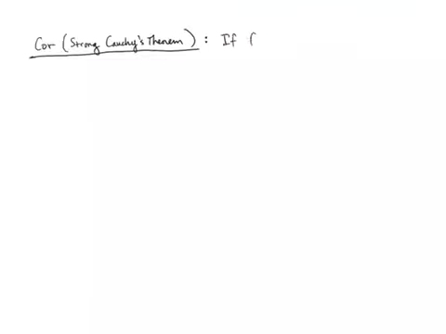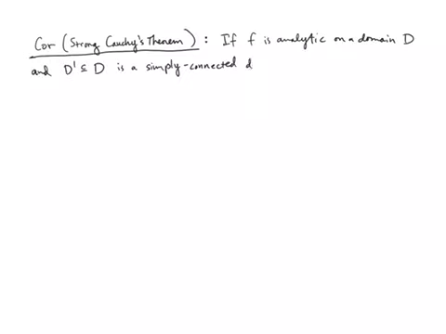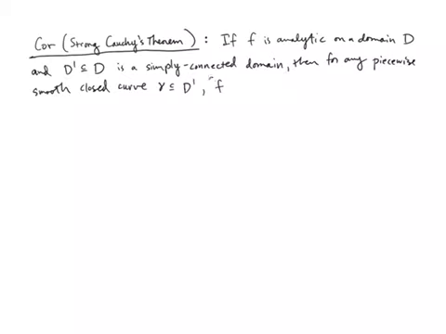So if f is analytic on a domain D, and D prime contained in D is a simply connected domain, then for any piecewise smooth closed curve gamma, which is contained in that simply connected part, the integral around gamma of f is equal to 0.